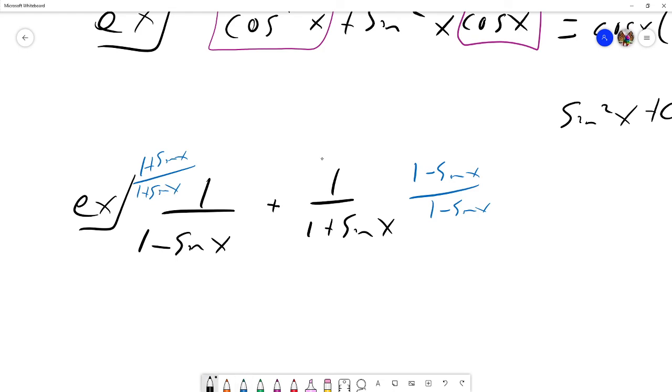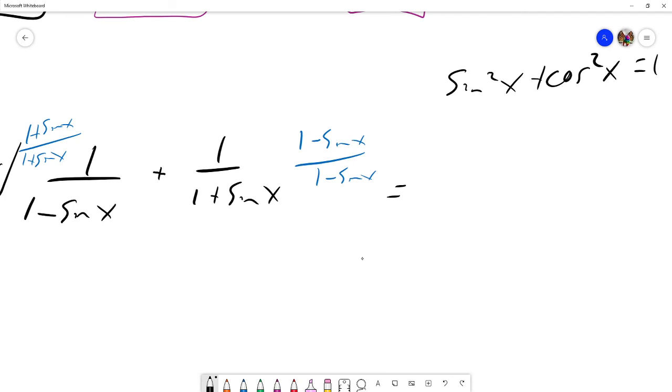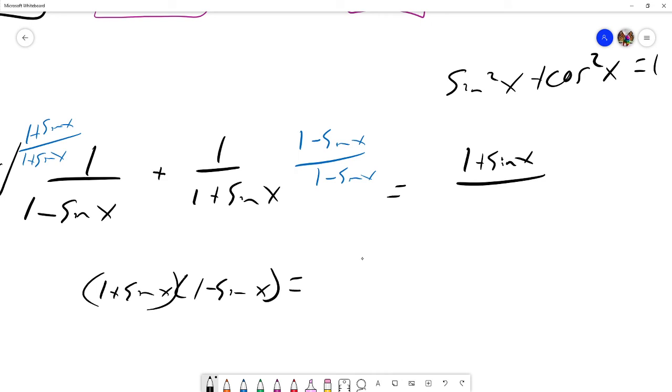So when we do this, on the left we're going to get 1 plus sine x over, and I'm just going to make a note here that 1 plus sine x times 1 minus sine x is the same thing as 1 minus sine squared x.